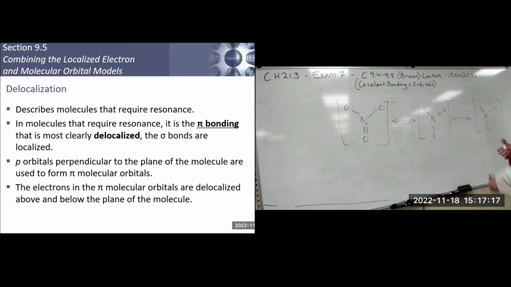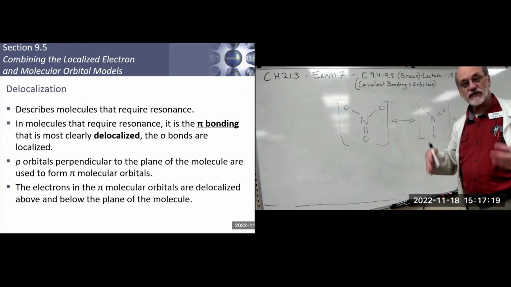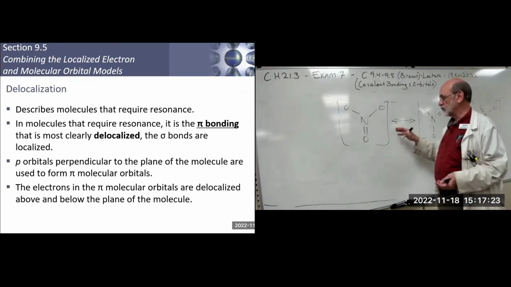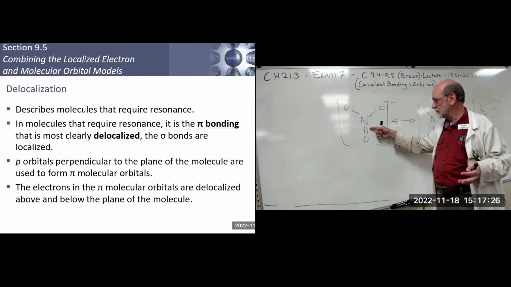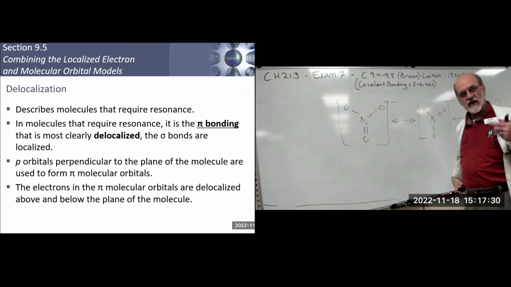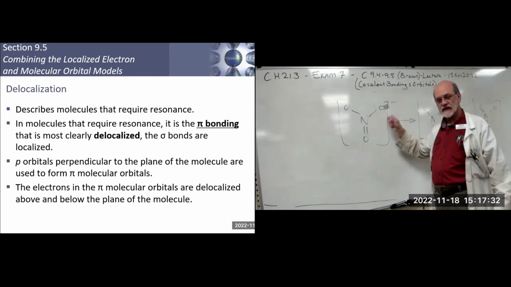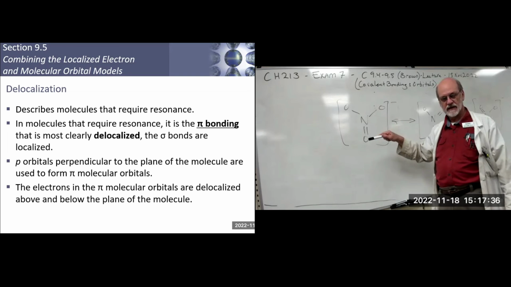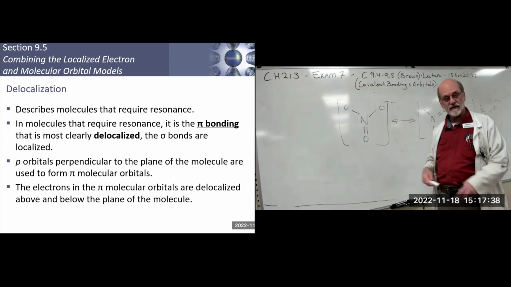That's the way we had to describe it with a localized electron model, because we had no other way to describe these bonds. But we know from measurements that each one of these bonds is exactly the same energy and the same length, which means they are identical bonds.